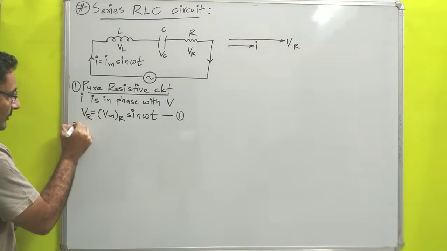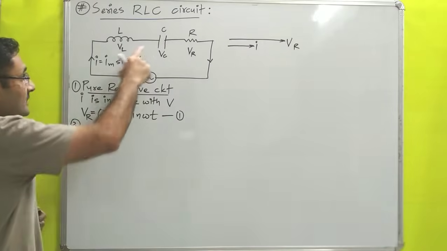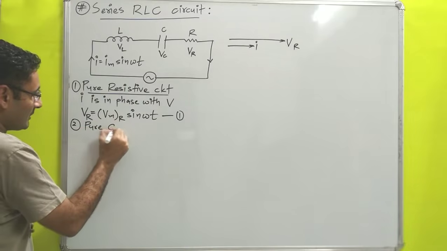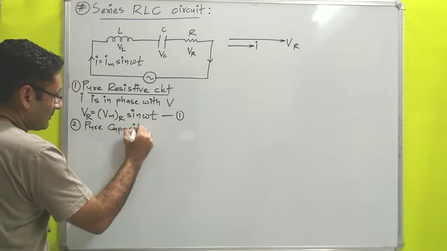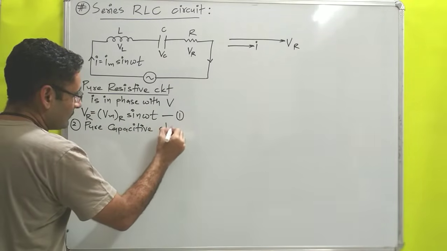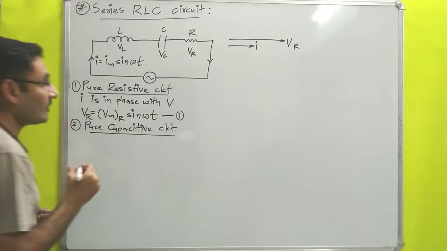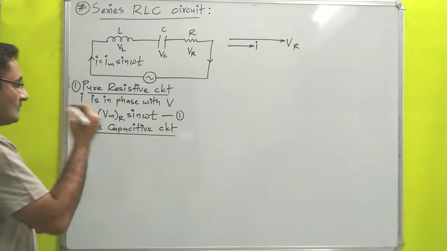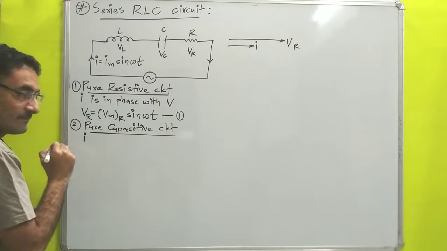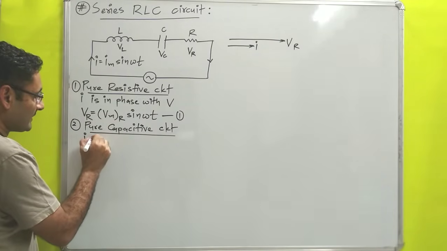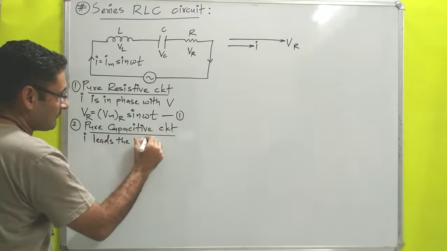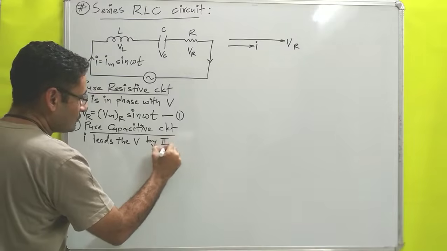Okay, now second point, we know very well when only a capacitor is used. For the case of a pure capacitive circuit, we know very well that the current leads the potential by pi by 2.